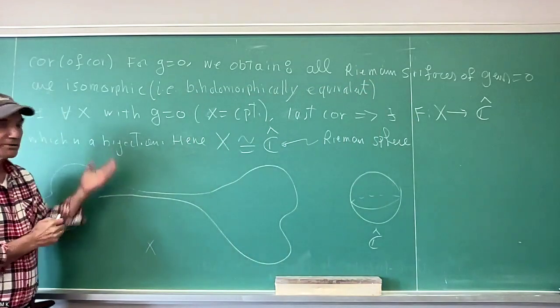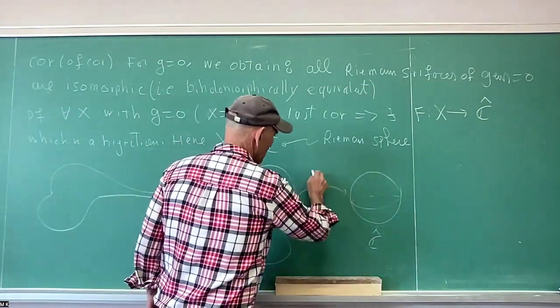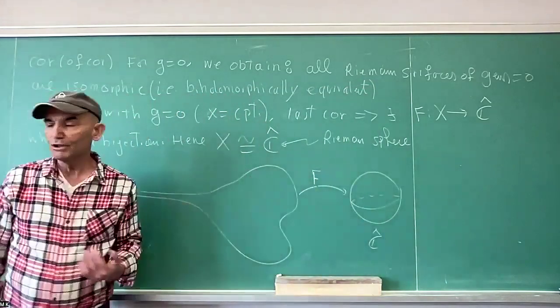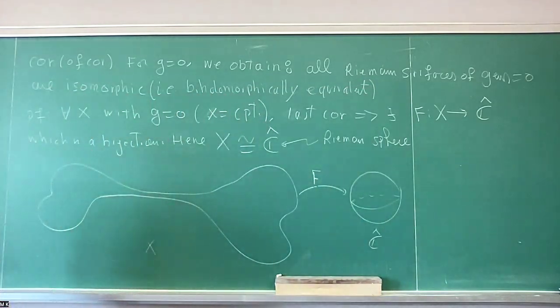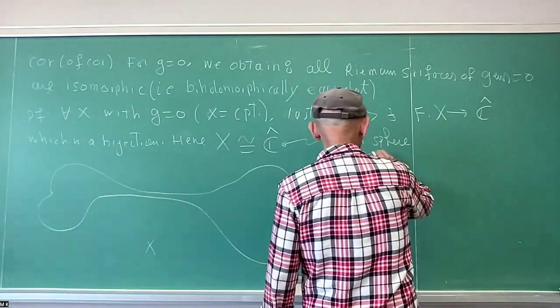So what the result says is that there exists a map F from here to there, which is a biholomorphism. But biholomorphism means that it's a conformal map, orientation preserving. So this map F is conformal.